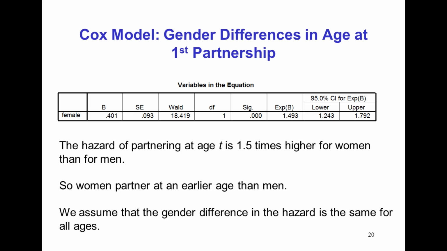Okay? But what we've done so far is assumed that the gender difference in the hazard is exactly the same at every age. And that's called the proportional hazard assumption, which is straightforward to relax. All right? Because what you find if you do that is that there's a big gender difference at the young ages because women are partnering earlier. But as you get to the older ages, men have caught up and you've got very little difference at all.